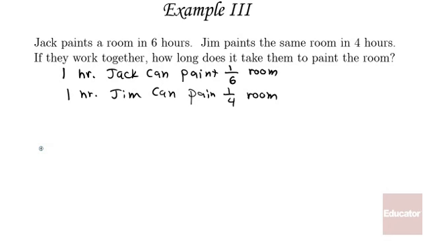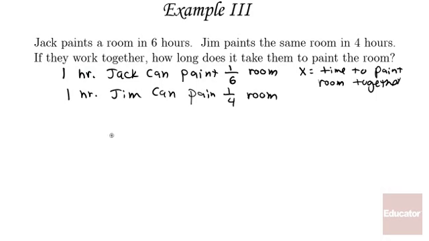Now, they're asking us how long it takes them to paint the room, and we're just going to say x equals the time to paint the room together. I know that it's going to be shorter than 4 hours, because even if Jim's by himself, he can get it done in 4 hours. So with Jack helping, probably be 3 hours or less. Sometime x.